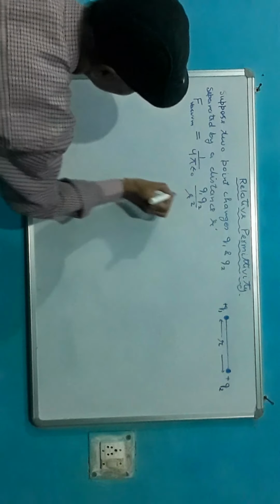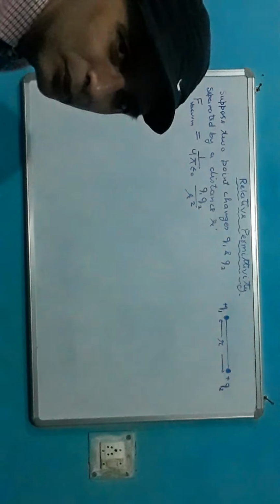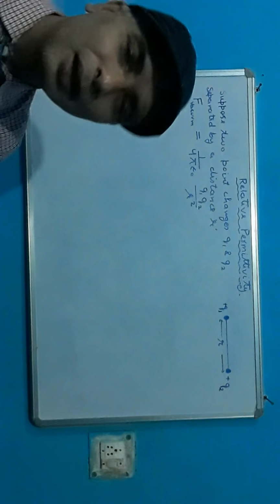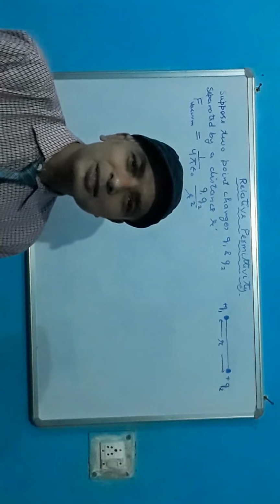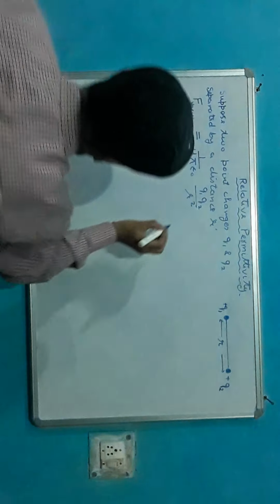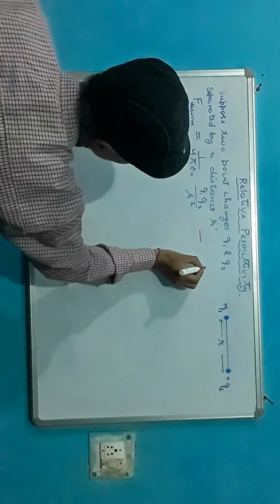That is the magnitude of the force when two point charges Q1 and Q2, which are at rest, are separated by a small distance r. I consider this equation number one.